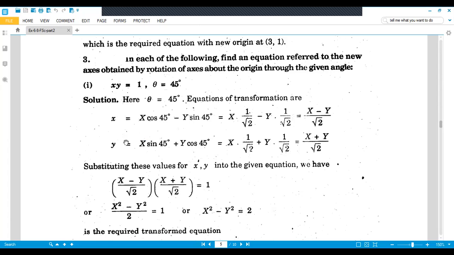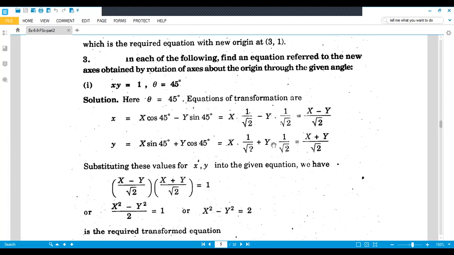So you will memorize it, that when you rotate about an angle, small x you replace with X cos theta minus Y sine theta, and small y with X sine theta plus Y cos theta. So here theta is 45, so X cos 45 is 1 over under root 2, minus Y sine 45 is 1 over under root 2, so X minus Y divided by under root 2, and again for y, X over under root 2 plus Y over under root 2, so X plus Y over under root 2.